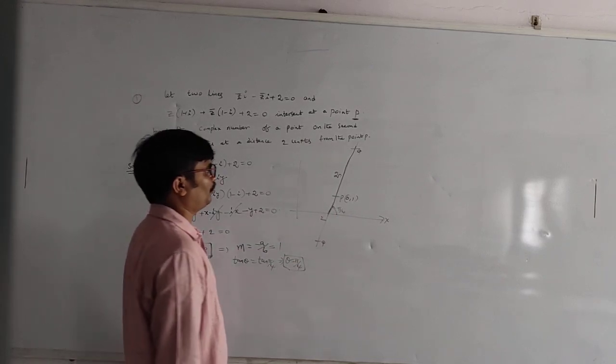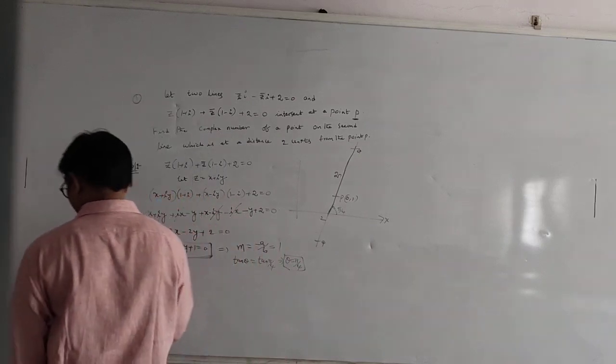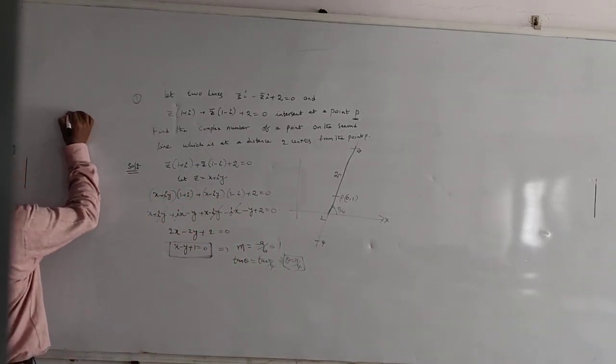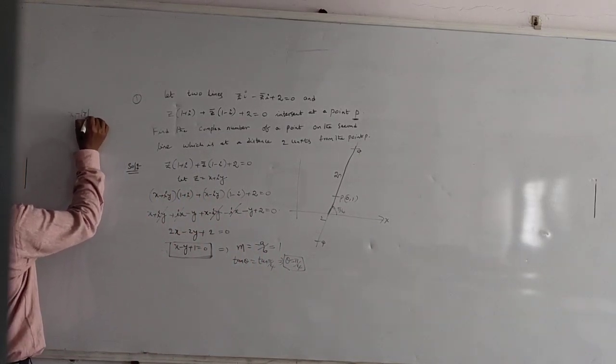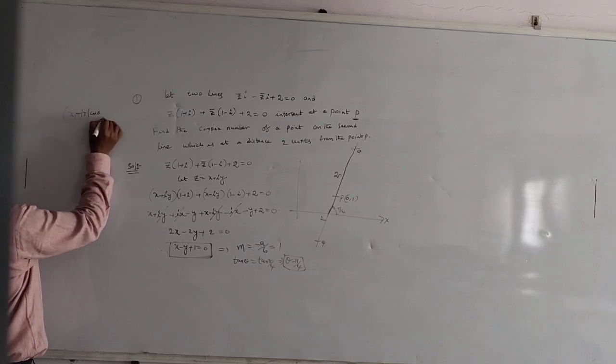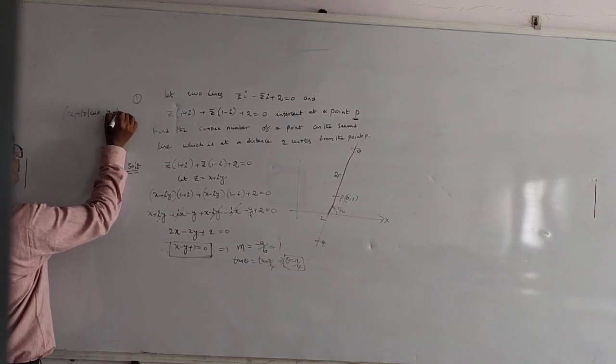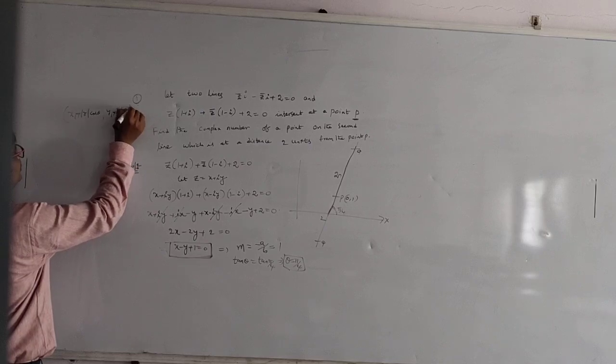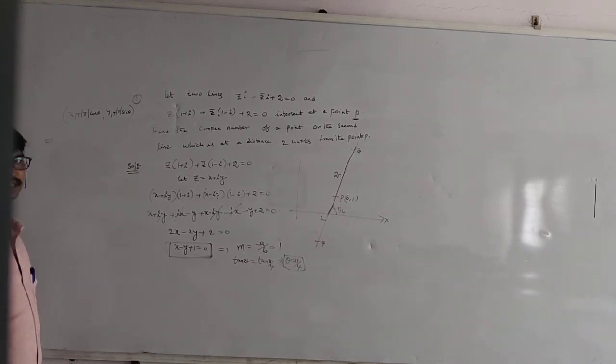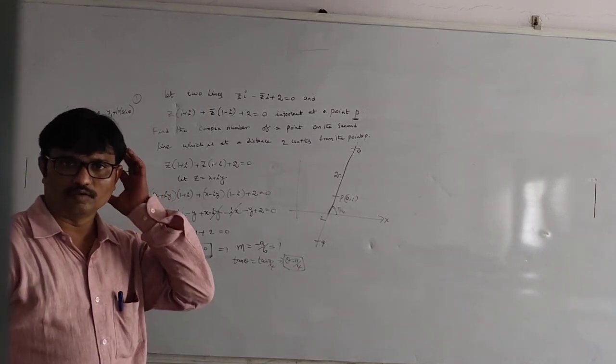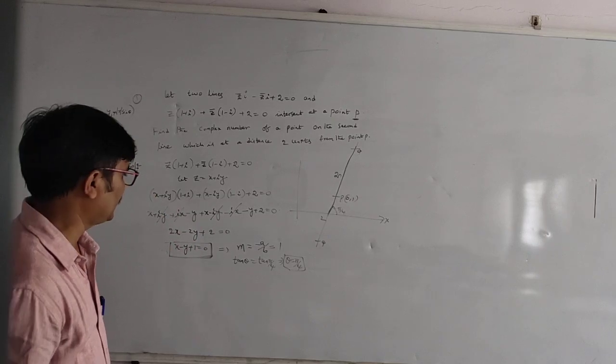Now we can apply the parametric form. What is it, students? The parametric form is (x1 + |r| cos theta, y1 + |r| sin theta).